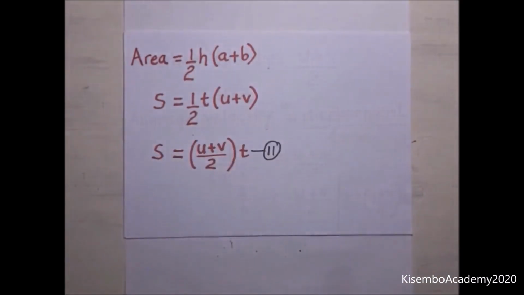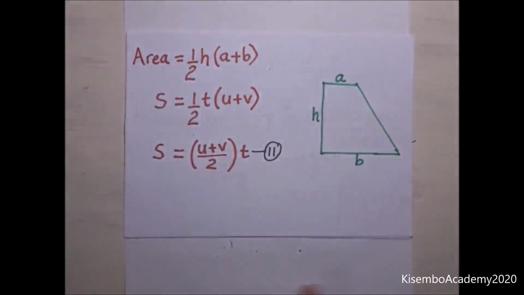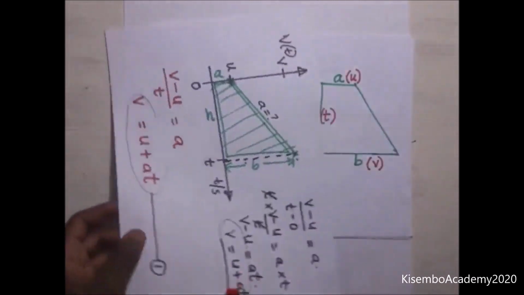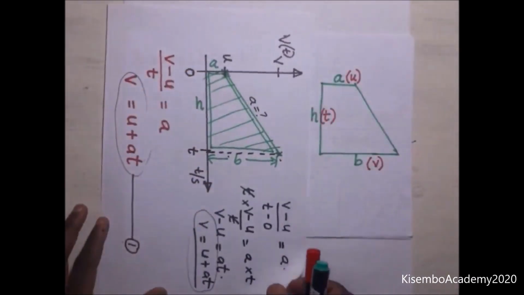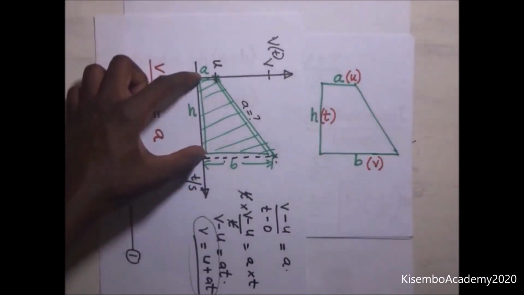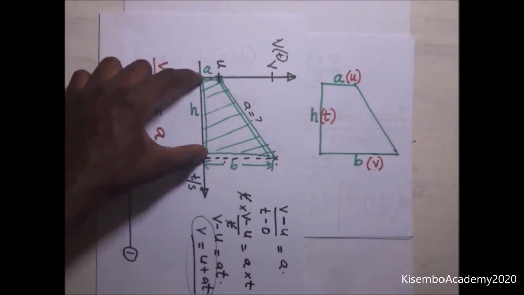From our trapezium earlier, I'll redraw it here. Looking at our trapezium, if I put it upright, the way it should look, this is our value of h, and it coincides with the length 0 to t, so this is our value of t.